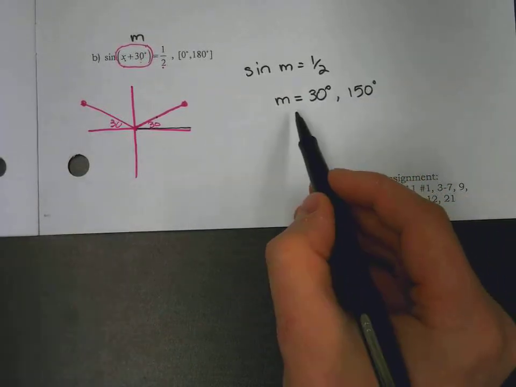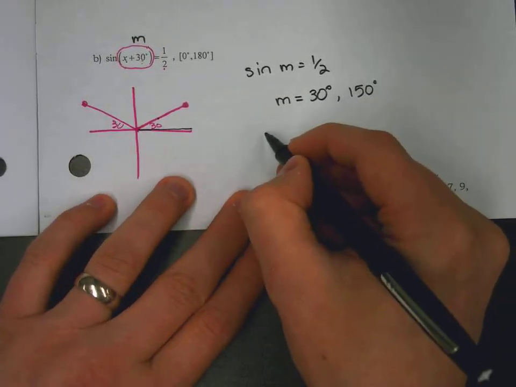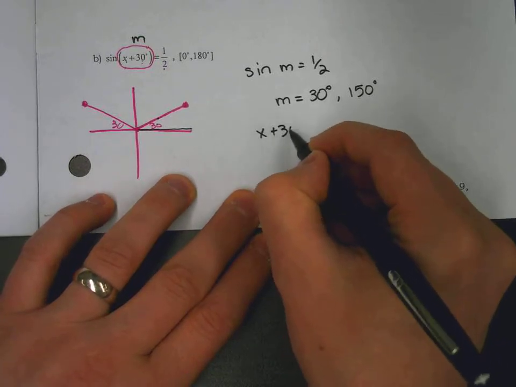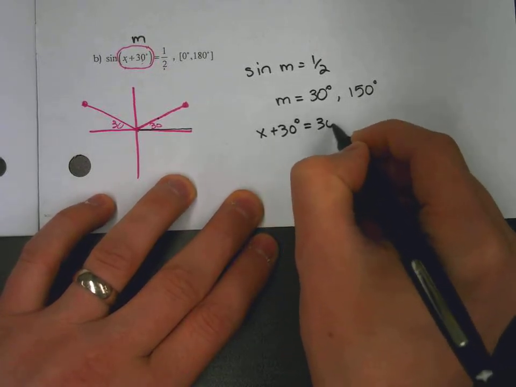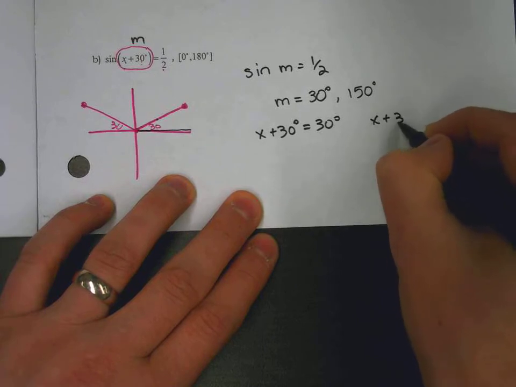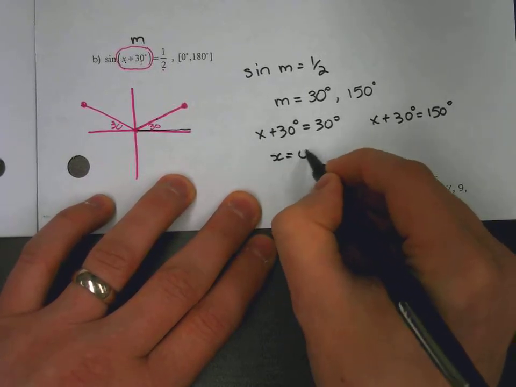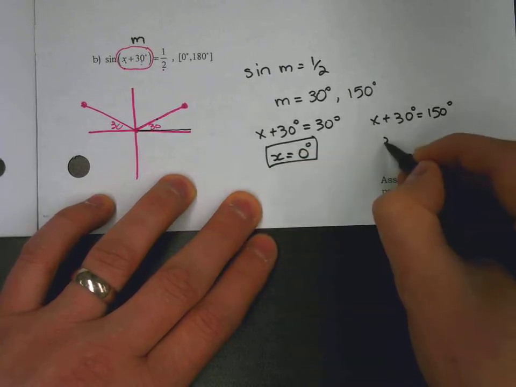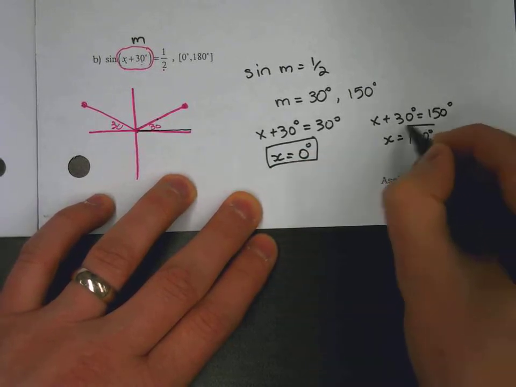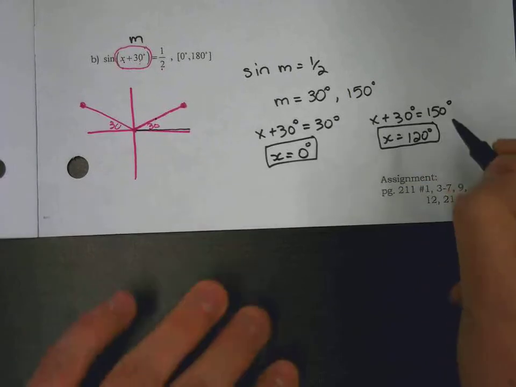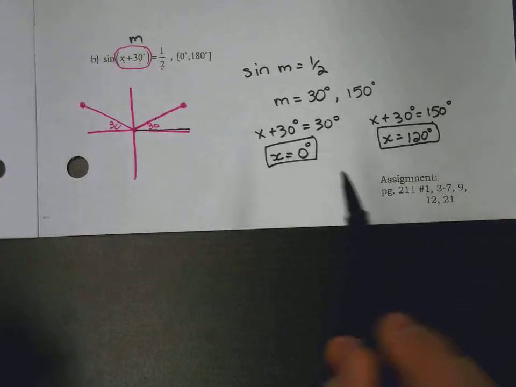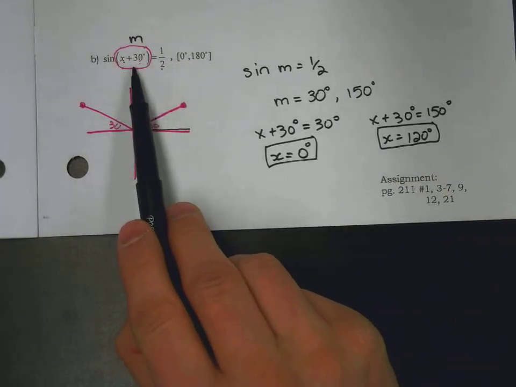But remember, m was a placeholder. If I put m back in as what it truly is, an x plus 30 degrees, and x plus 30 degrees is 30 and 150, and solve for x in each case, we get our 0 degrees and we get our 120 degrees.